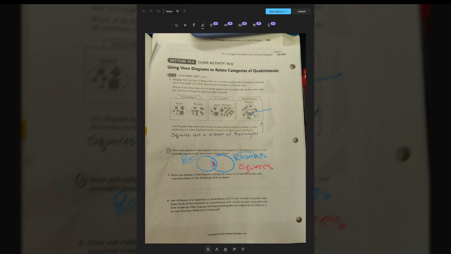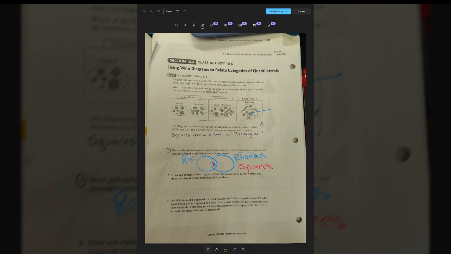Okay, the next one says to draw and explain a Venn diagram relating the categories of parallelograms and trapezoids based on the definitions of those shapes. So a trapezoid has at least one pair of parallel sides, and a parallelogram has 2 pairs of parallel sides.